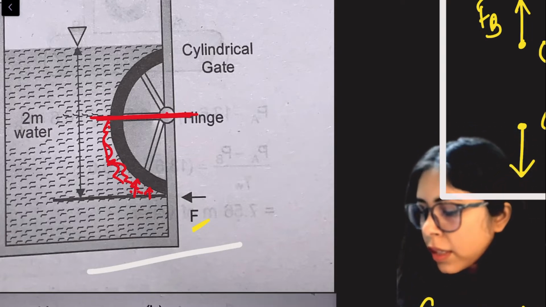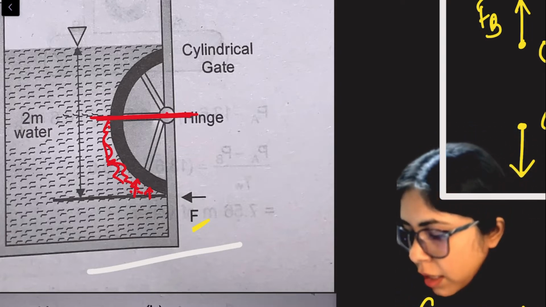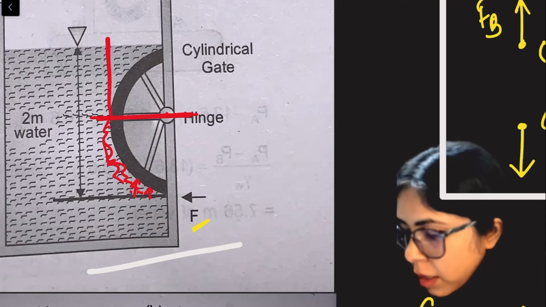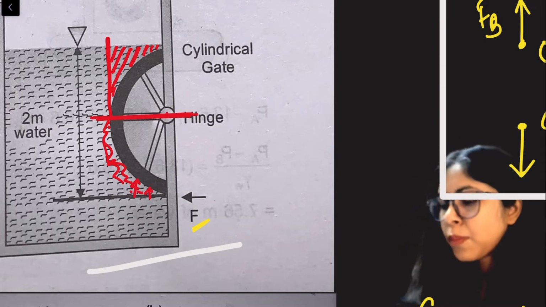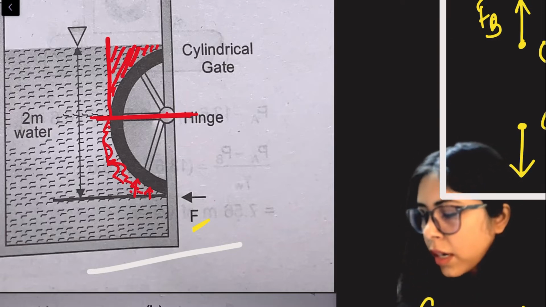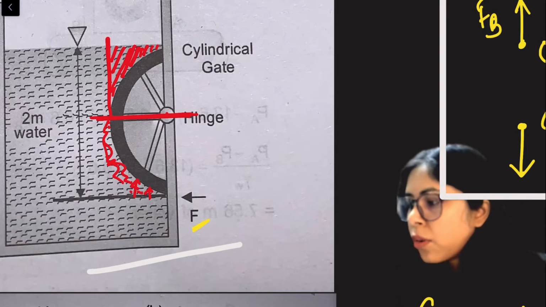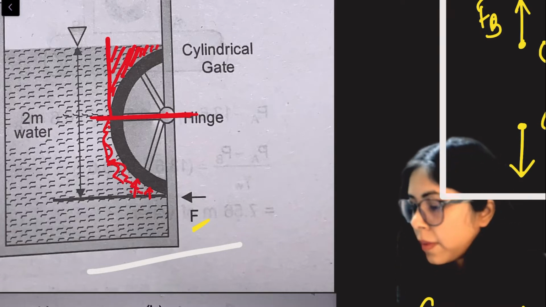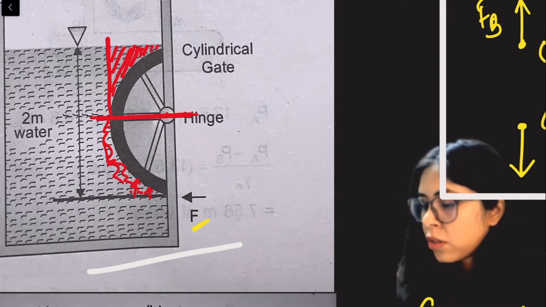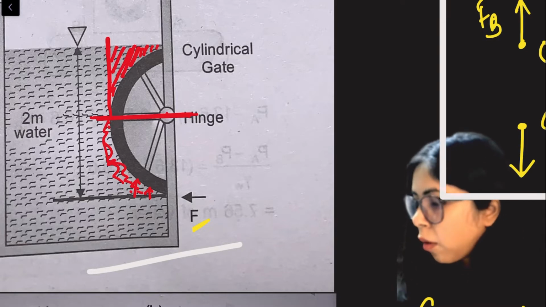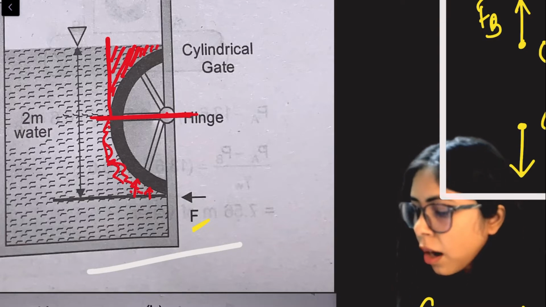But above this the water is somewhere till here, if I can say maximum, this much water is getting supported by this particular body. So if I calculate the volume of this, that only will give you the weight, that only will give you the vertical loading. So how can I say how much volume it will be there?